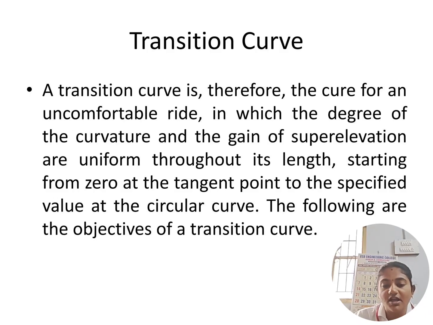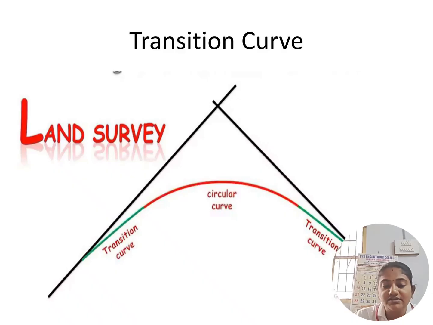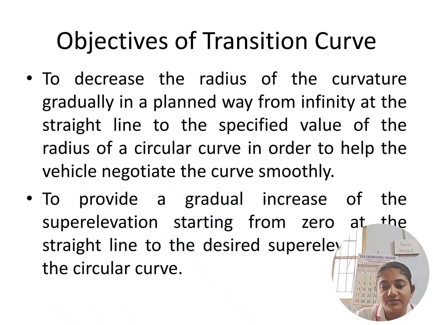The following are the objectives of transition curves: transition curve, circular curve, and then transition curve. It means to decrease the radius of curvature gradually, in an orderly way, from infinity at the straight line to the specific value of the radius of the circular curve, and to provide a gradual increase of the superelevation starting from 0 at the straight line to the desired superelevation in the circular curve.